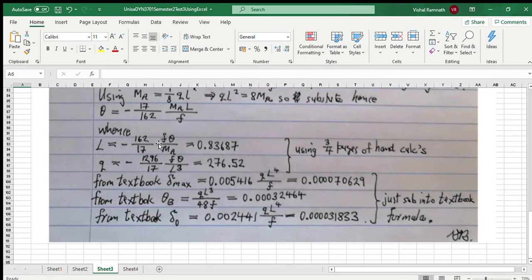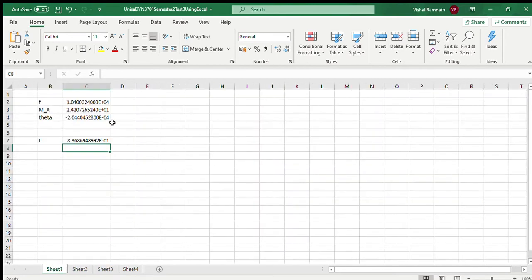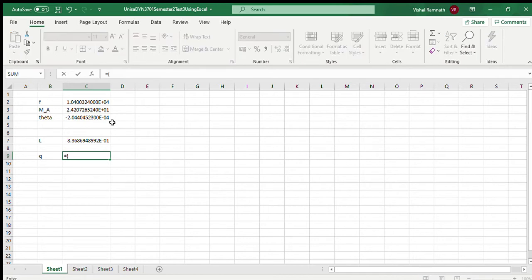Now we want to enter in the value for the load intensity. Q is minus 1296/17 F theta over L cubed. We go back, and we put in the formula for Q, and that would be equal to minus 1296 over 17, close the bracket, times, open the bracket for the stuff in the numerator.